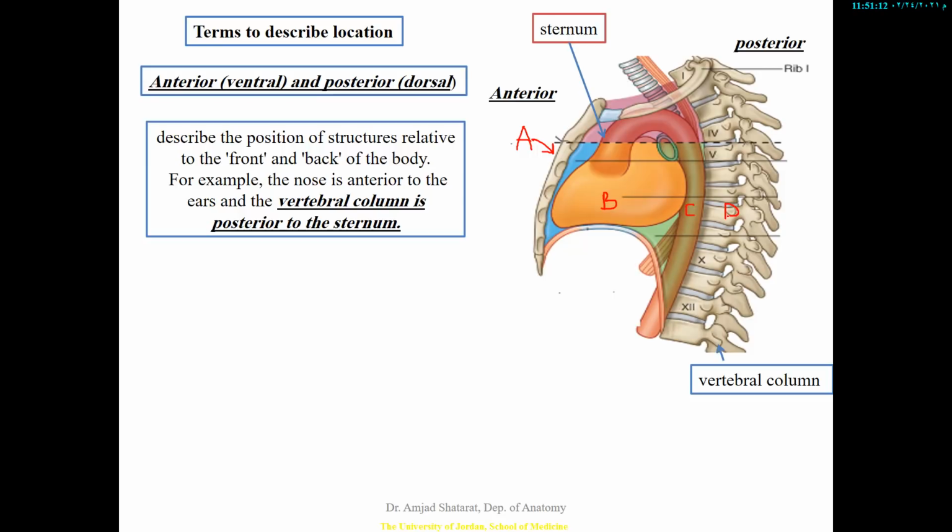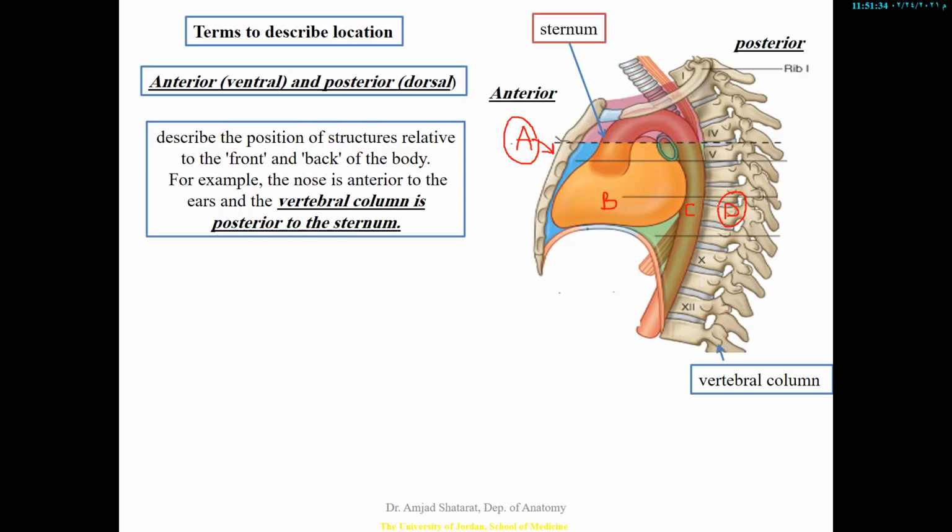Now, if I were to ask you which of these structures is anterior, your answer should be letter A, because it is the ultimate anterior. If I were to ask you which one is posterior, your answer should be the vertebral column.